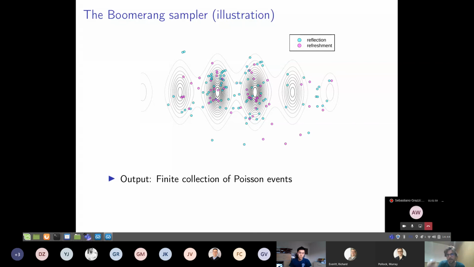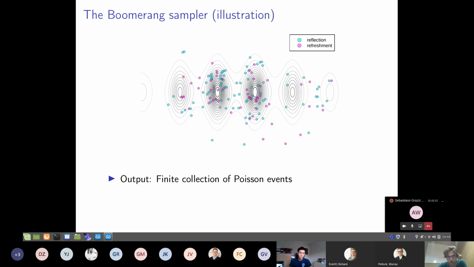It's just circling around in this elliptic orbit. The refreshment makes sure that the orbit changes. If the potential is positive, maybe you don't need them, but I really don't know.